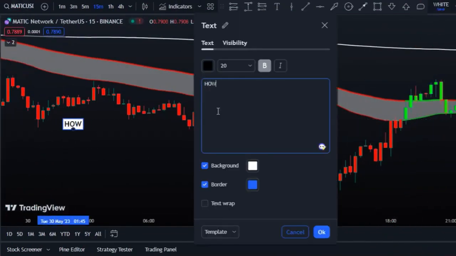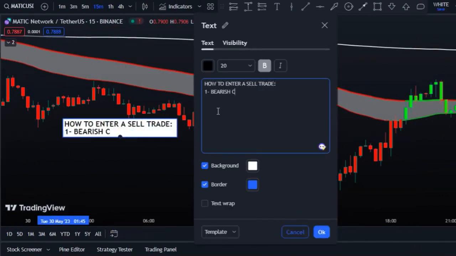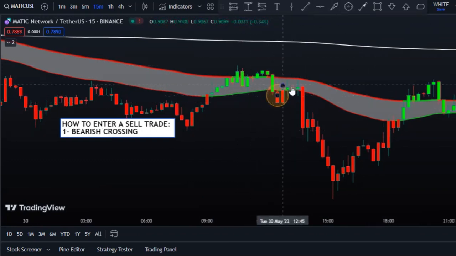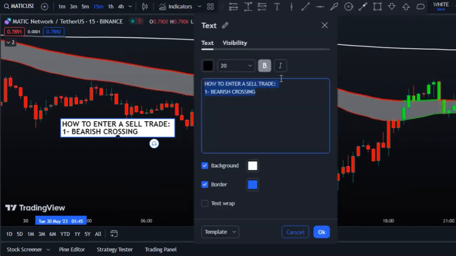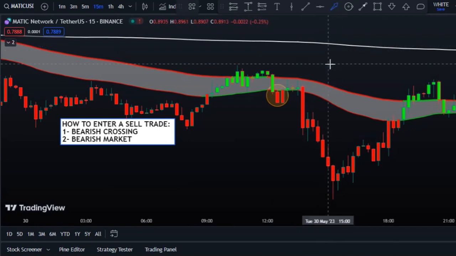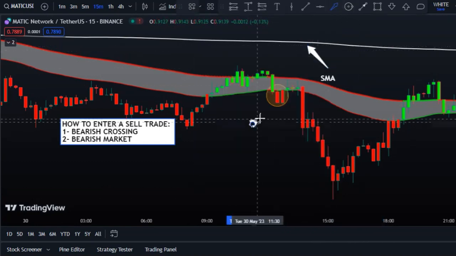And to enter a sell trade, we have to wait for a bearish crossing to happen. After that, the signal needs confirmation in two steps. First, the trend in the higher time frame needs to be downward, meaning we make sure the price is below the 300 SMA.